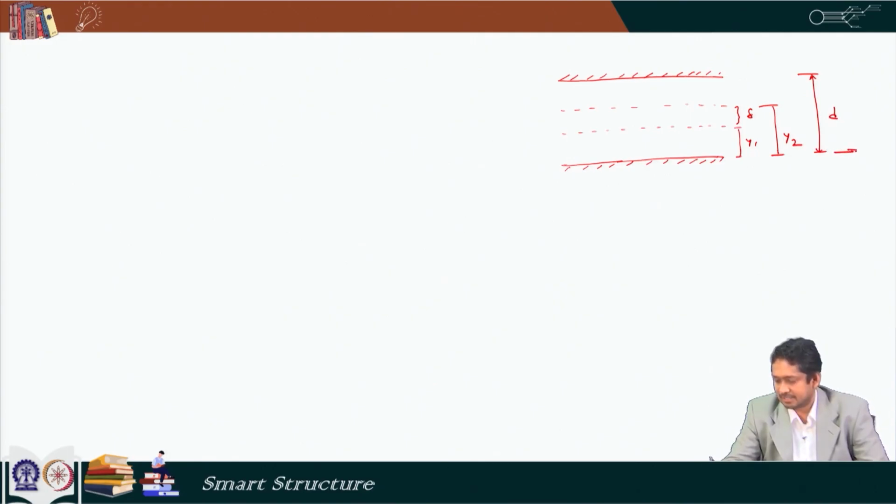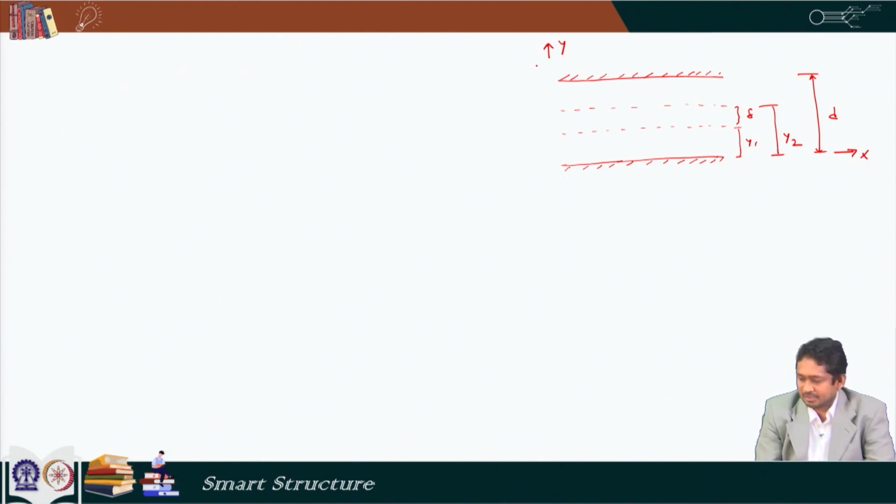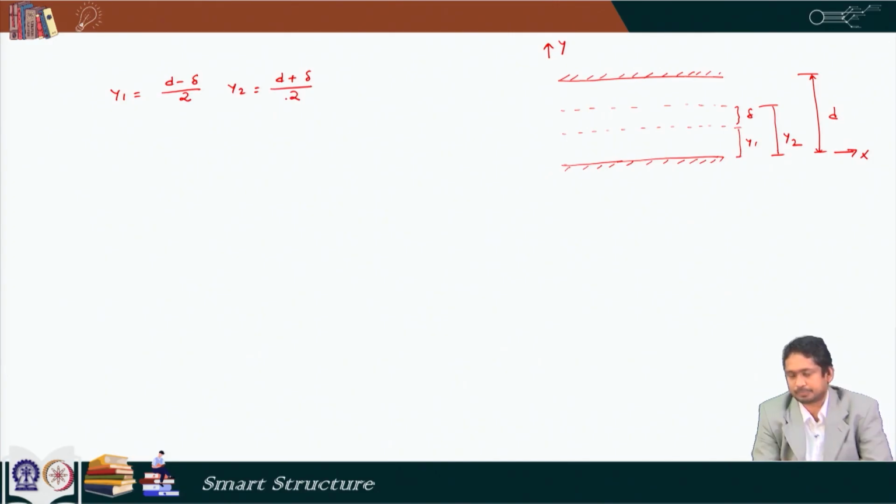This is our x axis and this is our y axis, and we have seen that our y1 is d minus delta by 2 and y2 is d plus delta by 2. The velocity varies from y equal to 0 to y equal to y1, and again from y equal to y2 to y equal to d, and in between y equal to y1 and y equal to y2 the velocity is constant.